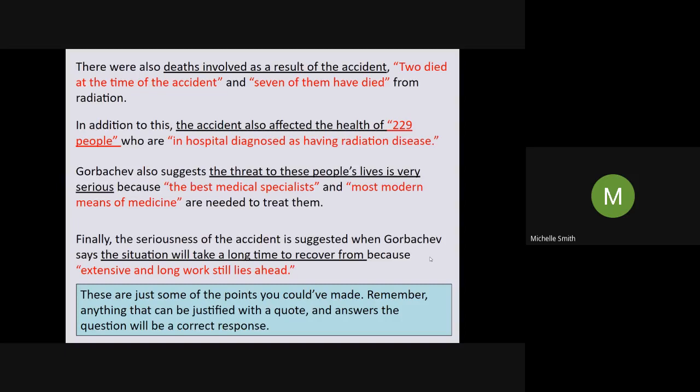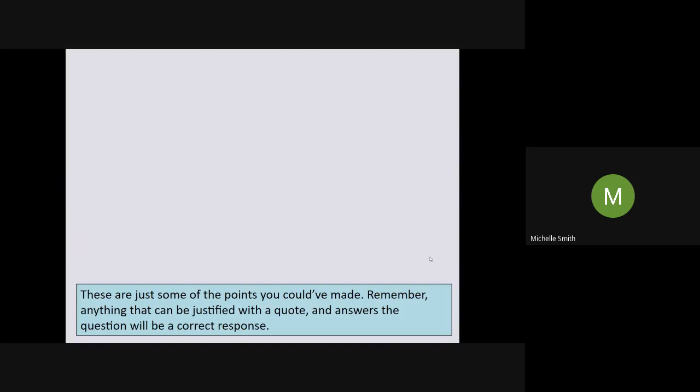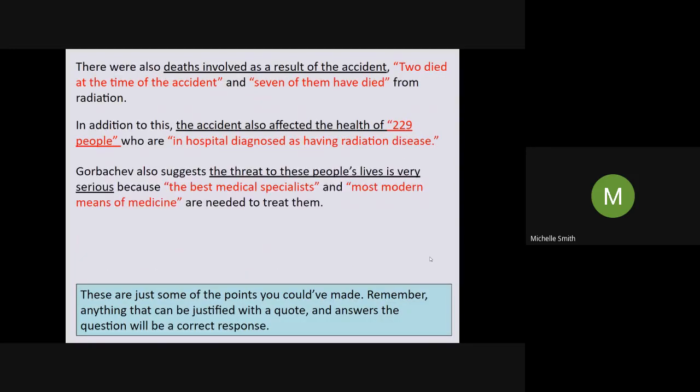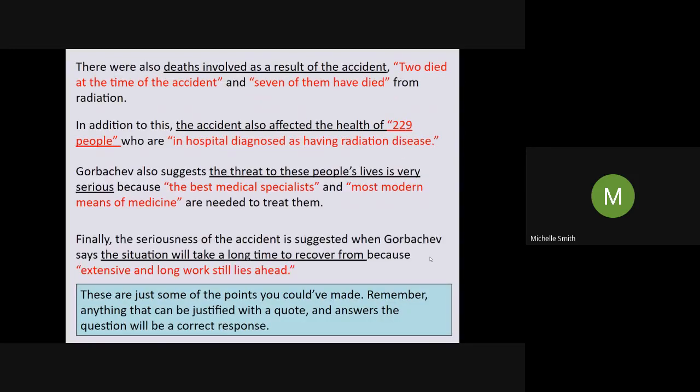Well, if extensive and long work still lies ahead, that means it's obviously very serious. Okay, so we've got 1, 2, 3, 4, 5, 6, 7, 8, and then the 2 I gave you at the beginning. So I've managed to find 10 in total, and there are probably more.